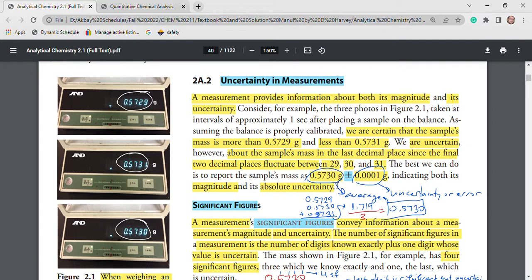So when we report a measurement, we always keep the significant figures: the certain numbers plus one uncertain number. The last number always contains some uncertainty.